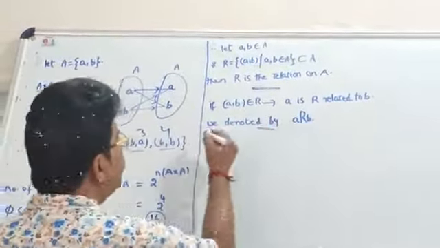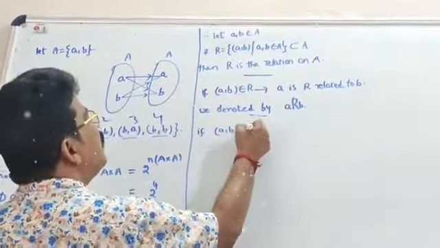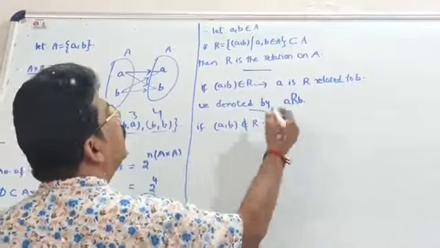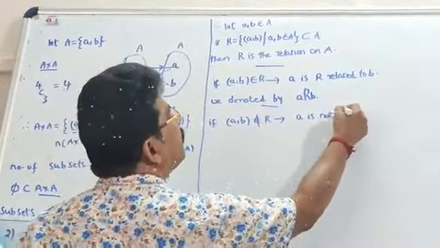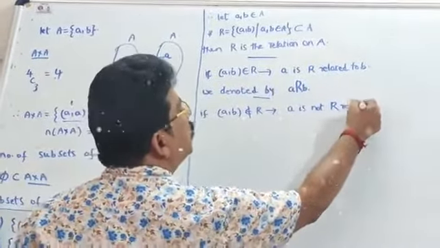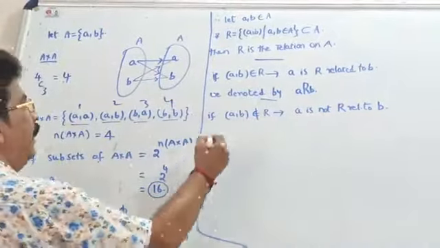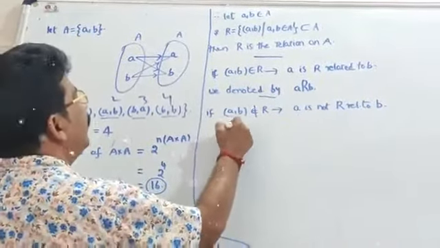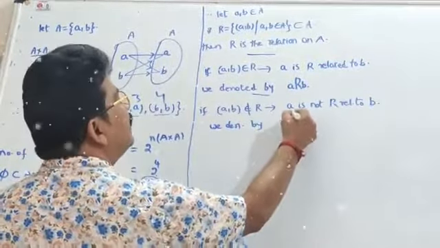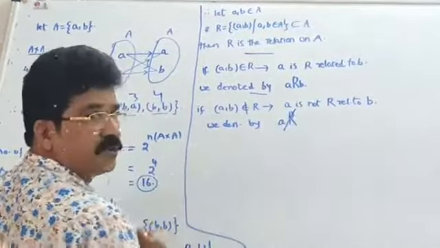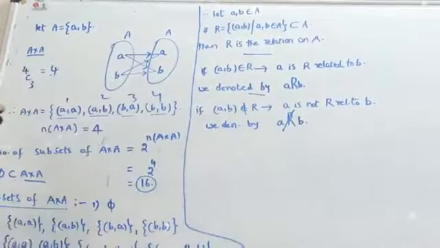And if the ordered pair a comma b does not belong to capital R, then we say that a is not R related to b, and we denote it by a R b with a strike through the R, just like that. This is the definition.